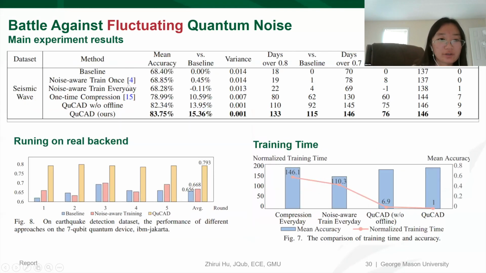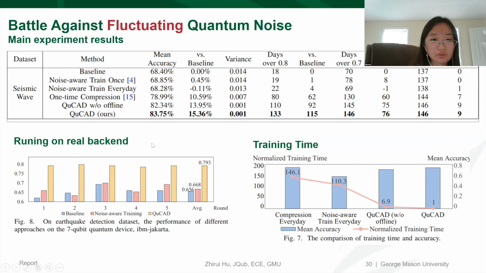Here is the experiment result. We can say that our framework can battle against other baselines. From the last two rows, we can see that offline plus online can battle against the version without offline. It is to say that the model repository is important and the clustering algorithm is important.